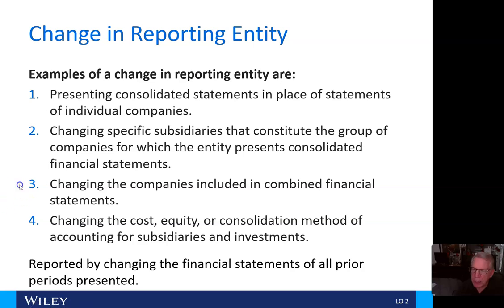And number 3, changing the companies included in combined financial statements. And number 4, changing the cost, equity, or consolidation method of accounting for subsidiaries and investments, reported by changing the financial statements of all prior periods presented.